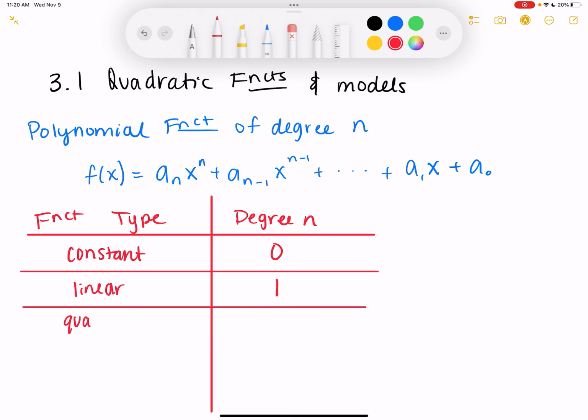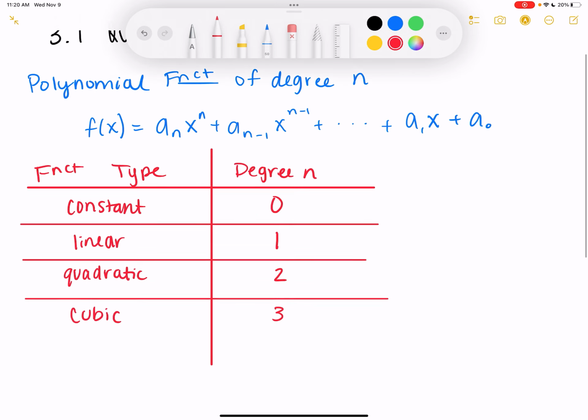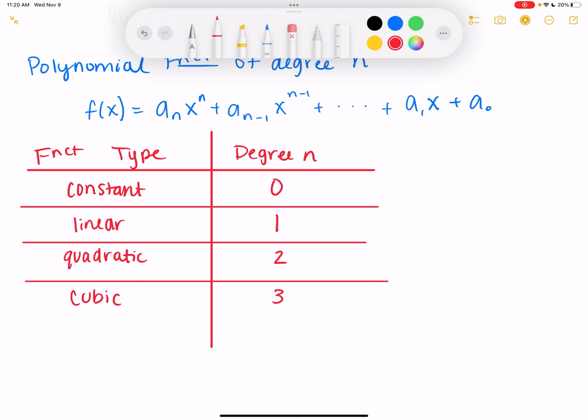Quadratic, which is the one that we're dealing with in this section specifically, is degree 2. So it's like ax squared plus bx plus c. The next one is cubic, which is degree 3. So if you looked at this form up here that we wrote, everywhere you would see an n, you would write a 3 until you get down to just a sub 0.